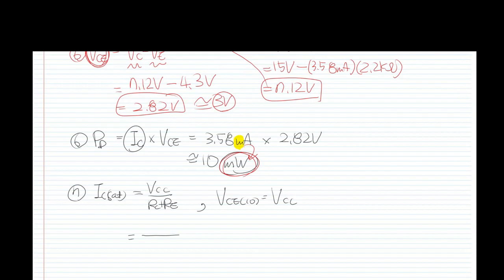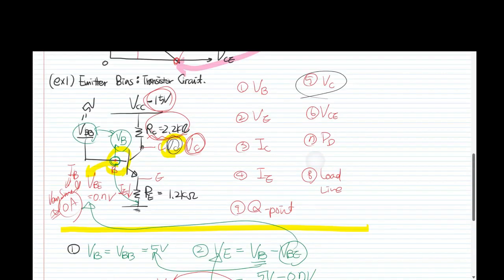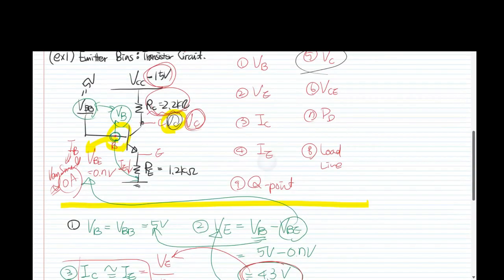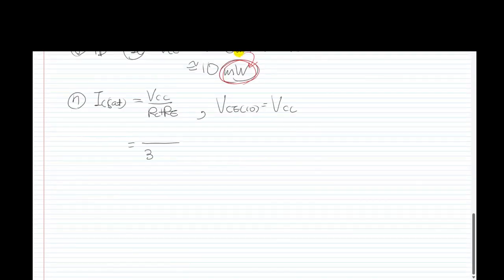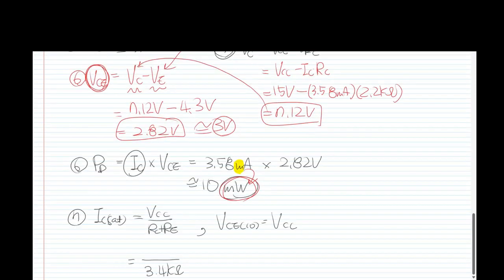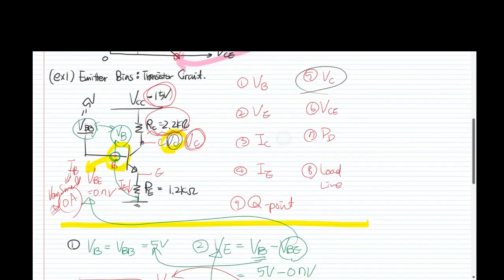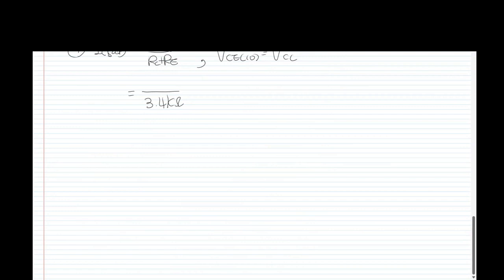Going back to the circuit, V sub CC is 15 volt, and R sub C plus R sub E is 3.4 kilo ohm.